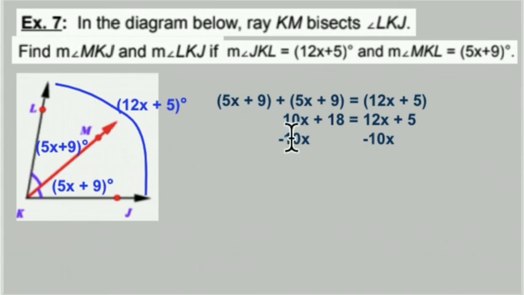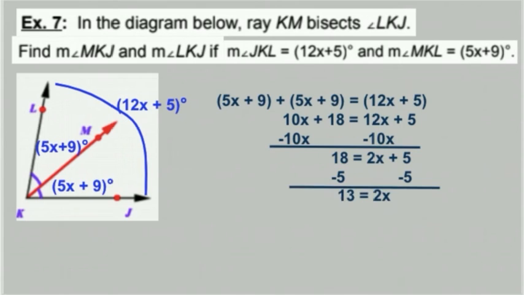Next, subtract the smaller x variable term from the larger to get 18 equals 2x plus 5. Next, subtract 5 from each side of the equation to get 13 equals 2x. Lastly, divide each side of the equation by 2 to get that x equals 6.5.